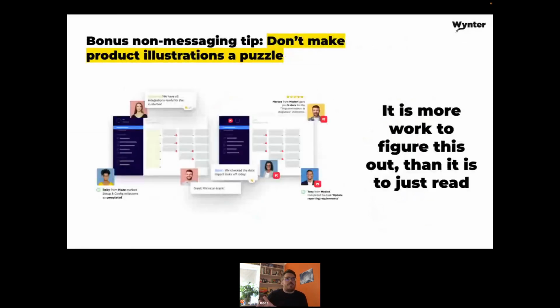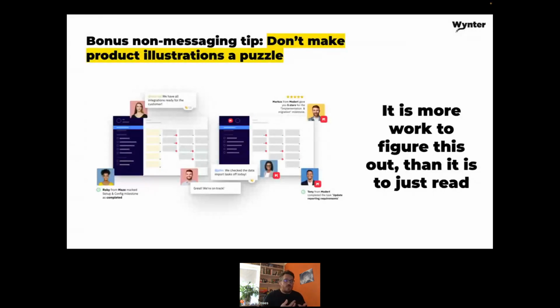And a non-messaging tip, as we're getting to the bottom here, that I've learned so much about at Wynter. It's not directly messaging, but design and messaging are partners. This is a very common thing we do in marketing SaaS businesses: we make these illustrations that showcase our product.